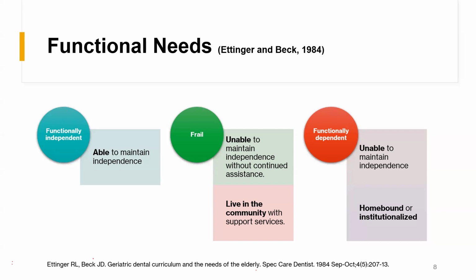They usually live in the community and receive support services. However, the functionally dependent patients are also unable to maintain independence, and they are usually homebound or institutionalized. Meaning they are usually either in a care facility or at home.